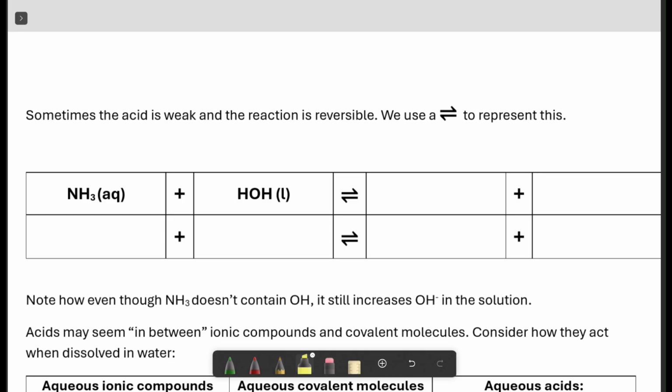To represent that, we'd use this symbol. I'm doing a forward arrow and a backward arrow at the same time. It's reversible. Here I've got NH3, ammonia, and HOH, just H2O, same thing. What do you think is going to happen here?